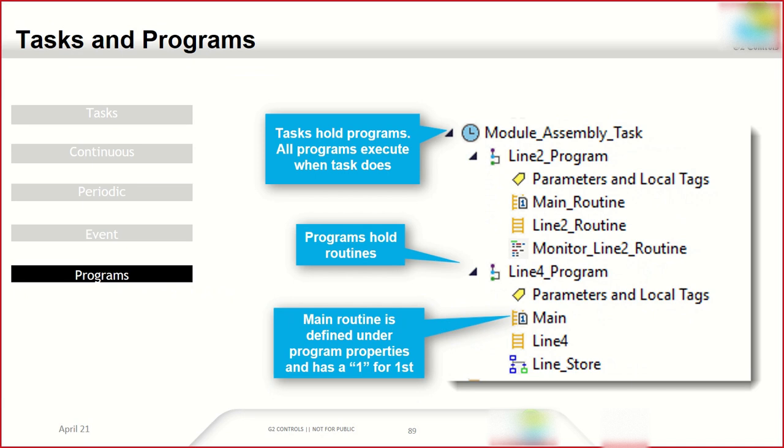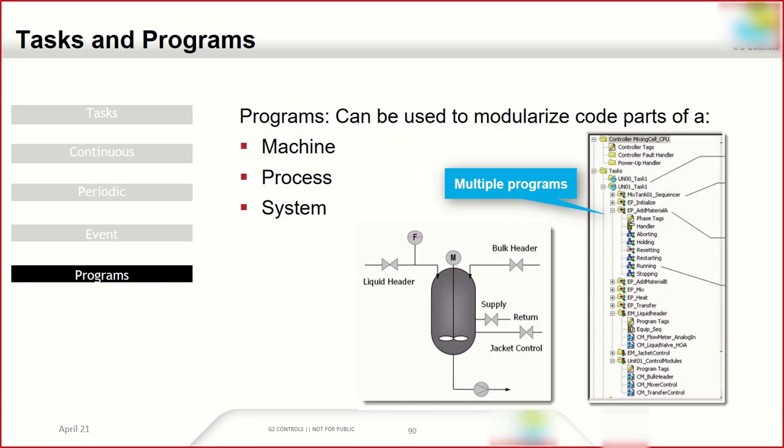Then program holds routines. Okay. You can arrange your program in this manner. The program can be used to modularize code parts of the machine, process and system. You can divide your program into machine, process, system, and you can add those programs under the task.